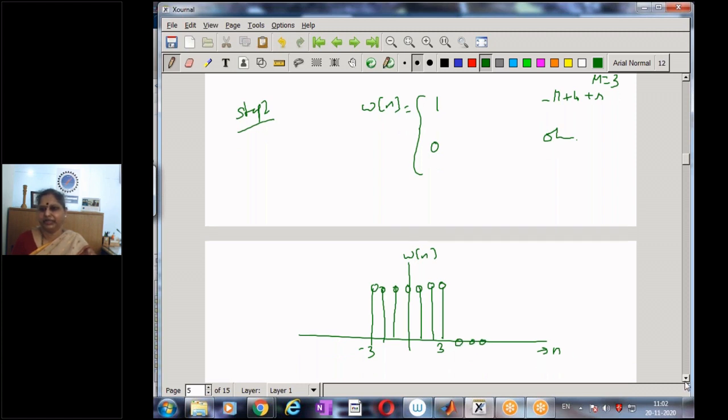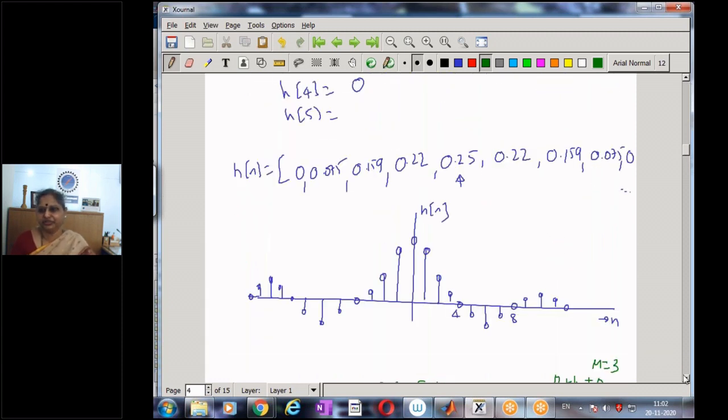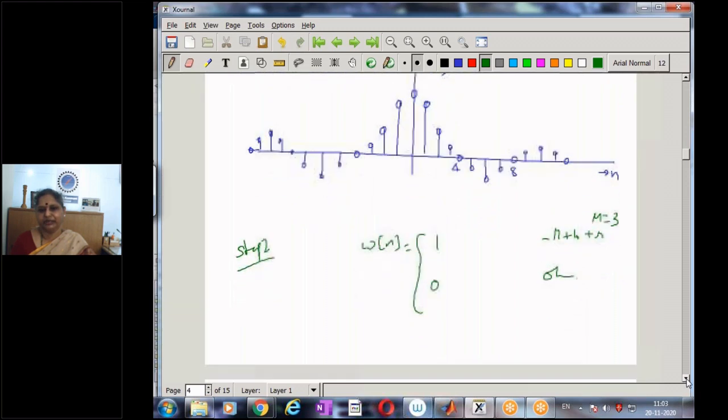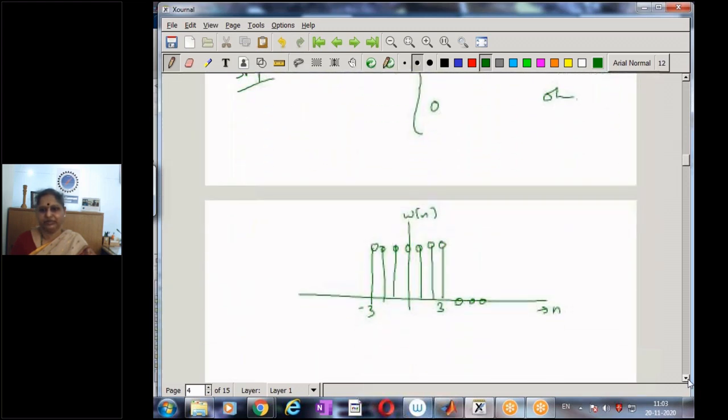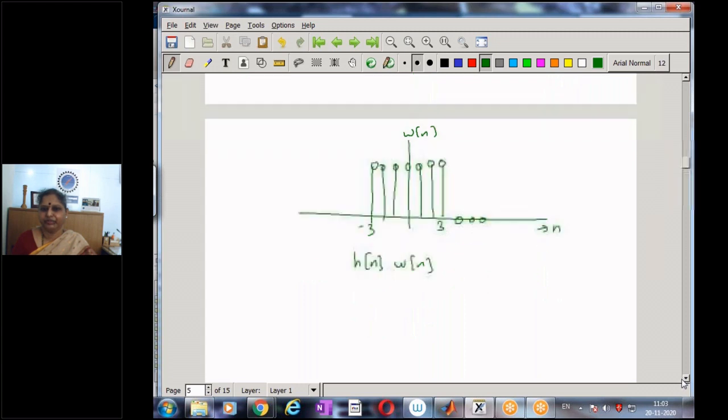As a next step, I'm going to multiply my h of n, what we got here, with the window function. So I'm going to have my product h of n into w of n, my rectangular window function. Now when I multiply, my product is going to be of finite duration.